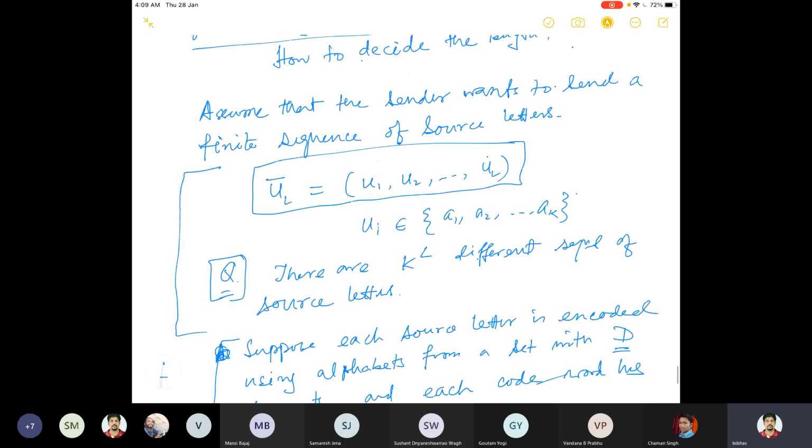Whenever I'm writing this, there is already pa1, pa2, and pak.